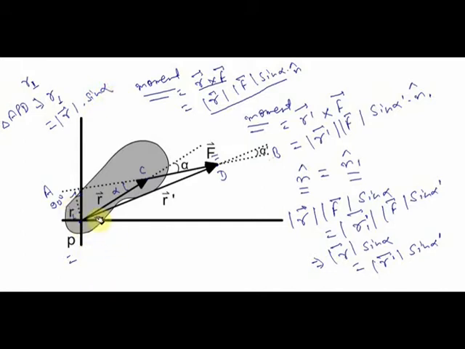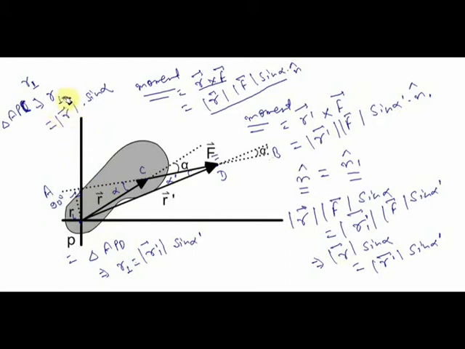Similarly, in triangle APD, again this angle will be alpha dash, so r perpendicular would be equal to PD, that is magnitude of r dash, into sine alpha dash.